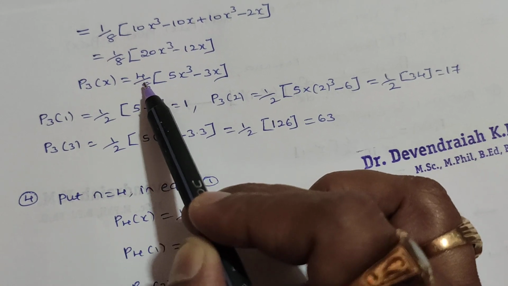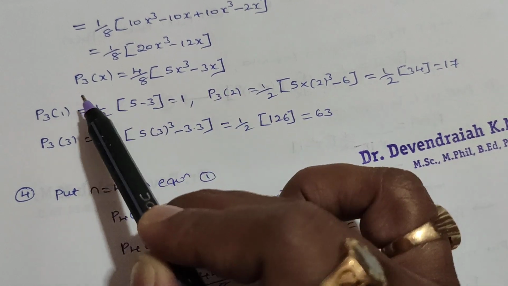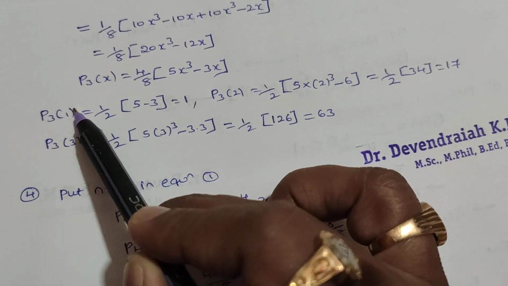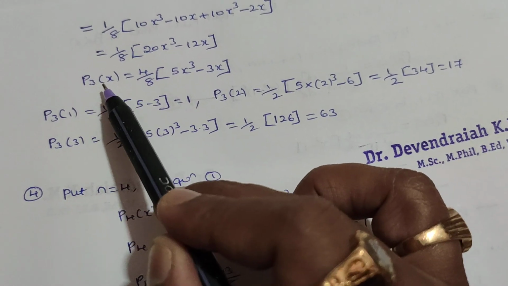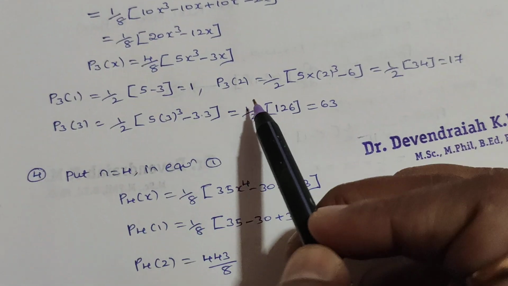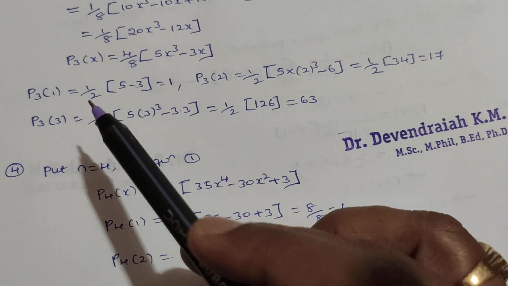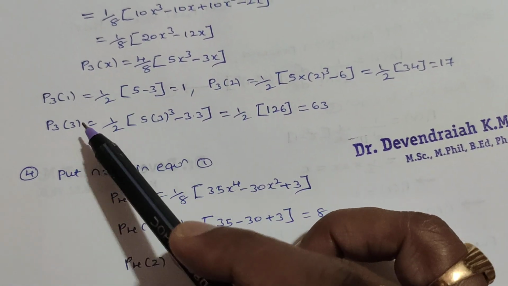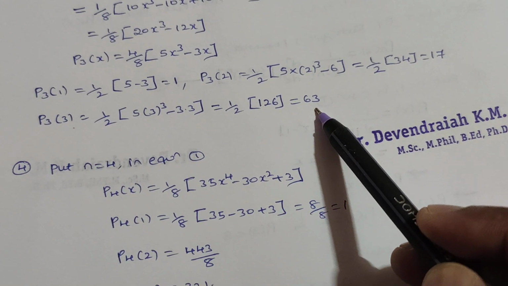In this case, if we consider x value as 1, we observe its value will be equal to 1. X value as 2, we observe its value will be equal to 17. When x value will be 3, we observe the value will be equal to 63.